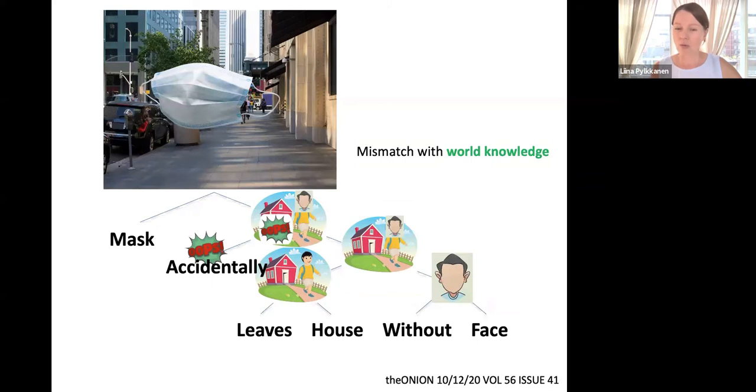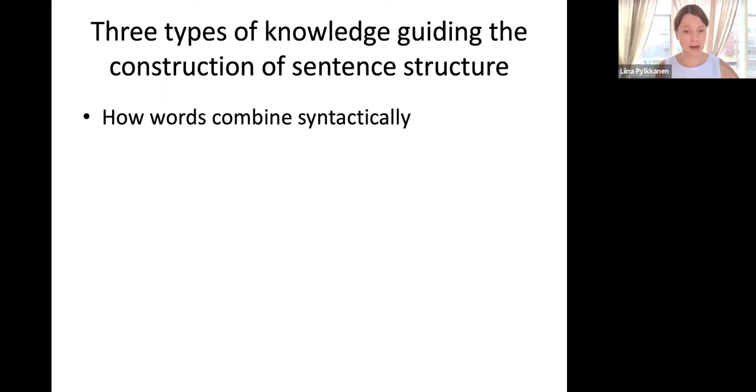So now, once you have interpreted this expression, then you can realize that it does not actually match with your knowledge of the world very well. So it's a very implausible situation. And we all converge on that same representation. And that's why the sentence is funny and makes it to The Onion. Words combine syntactically.